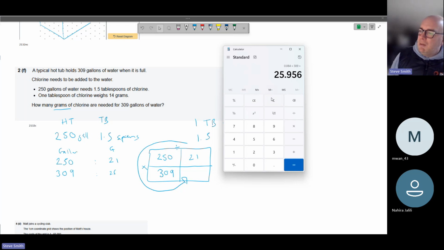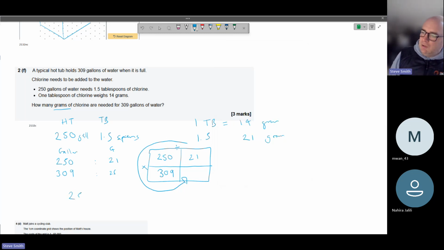If I'm writing my answer in, it doesn't say round it up, but you would get a mark for putting 25.596. You'd also get a mark for putting 25.6 because you've rounded it to one decimal place.